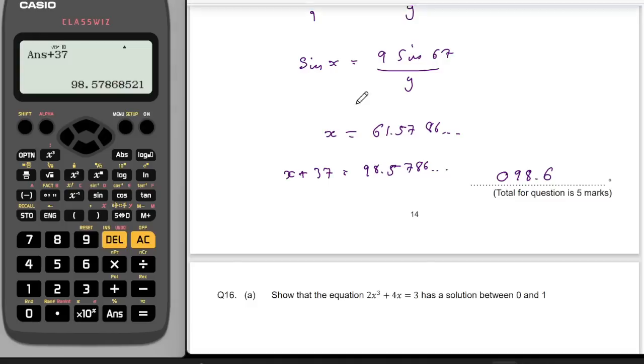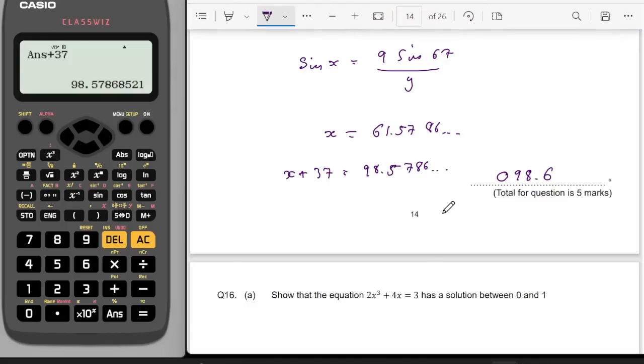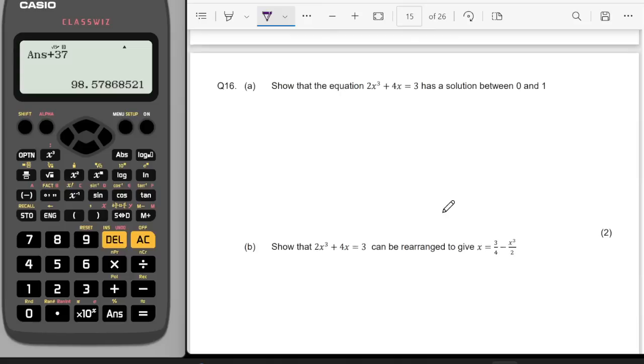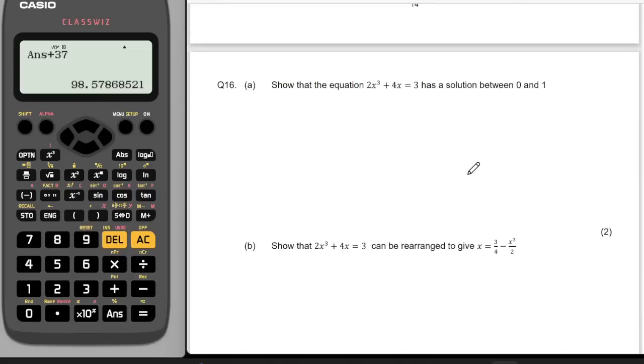Right. So question 16 then. Show that 2x cubed plus 4x is equal to 3 has a solution between 0 and 1. The way that we do this, I did this recently with my year 11s.